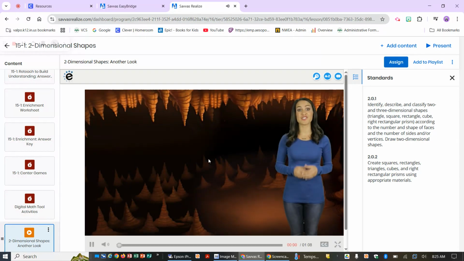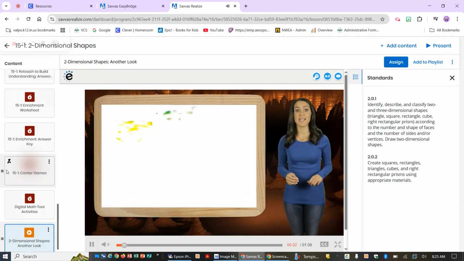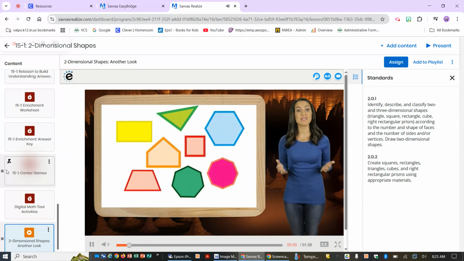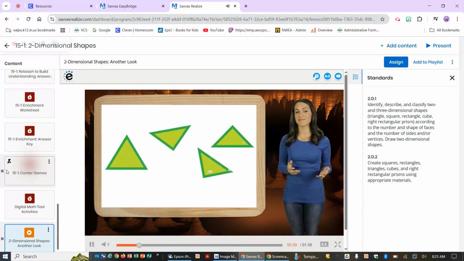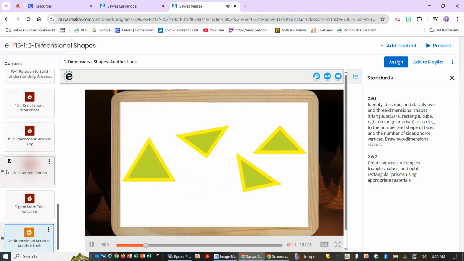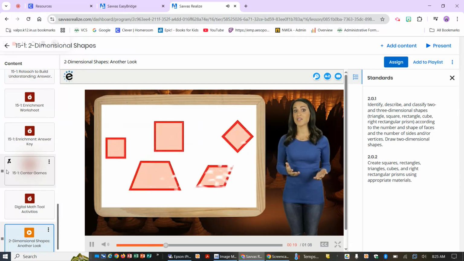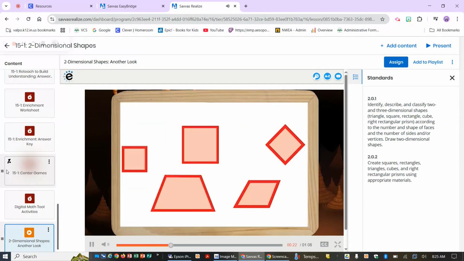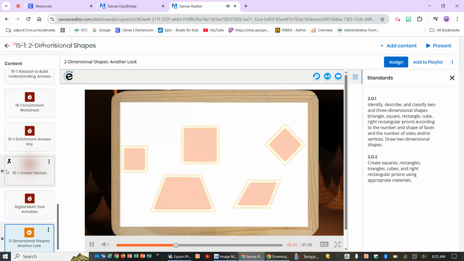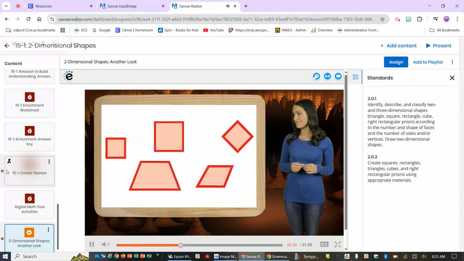There are so many shapes in the world, and with so many of them, you can divide them up into their different category names, like this. All these shapes have 3 sides. They also have 3 vertices. They are called triangles. These are quadrilaterals. They have 4 sides and 4 vertices.